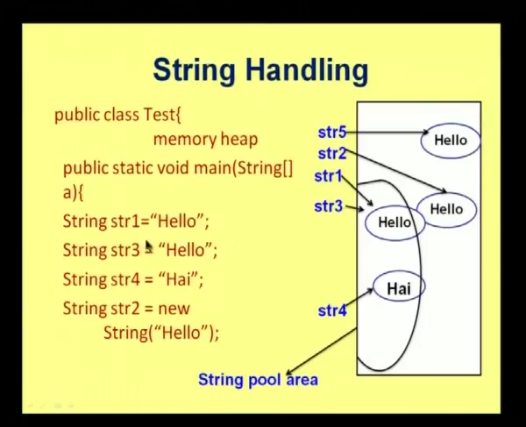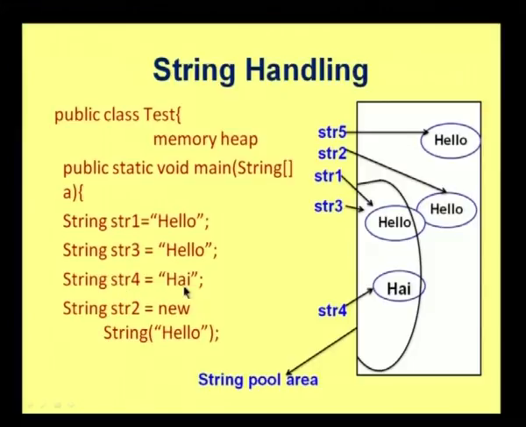Whenever memory is allocated to the value hello, it's given the variable name str1. Again, if the same value is there and memory needs to be allocated, in that case the memory will not be allocated and the variable is going to point to the same value. So the same memory has been allocated, and string 1 and string 3 are pointing to the same value.